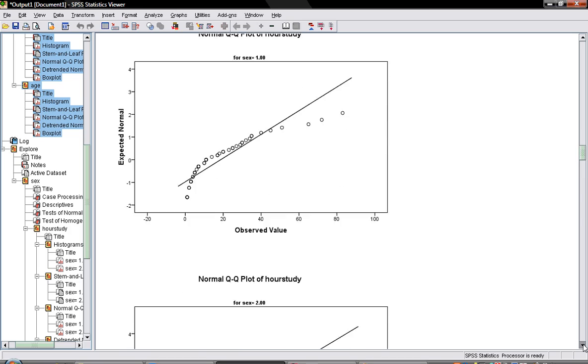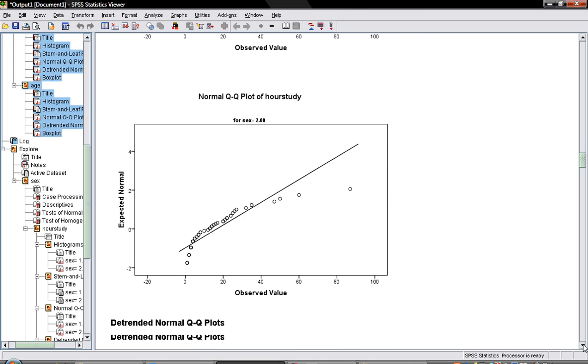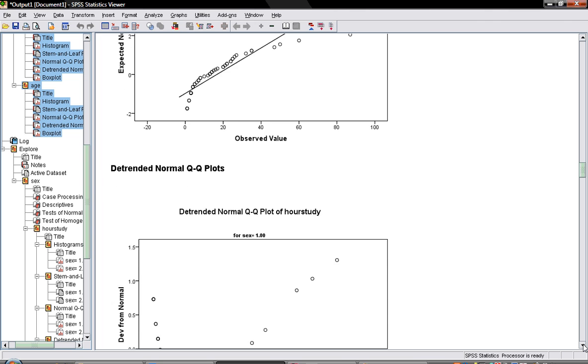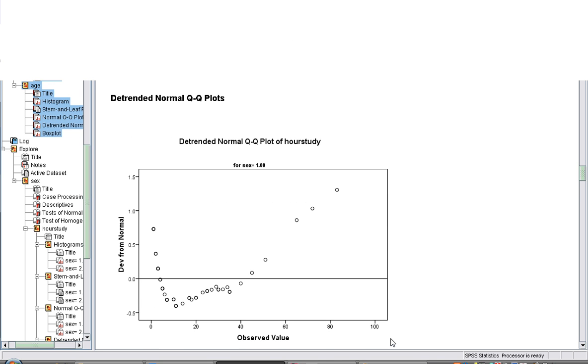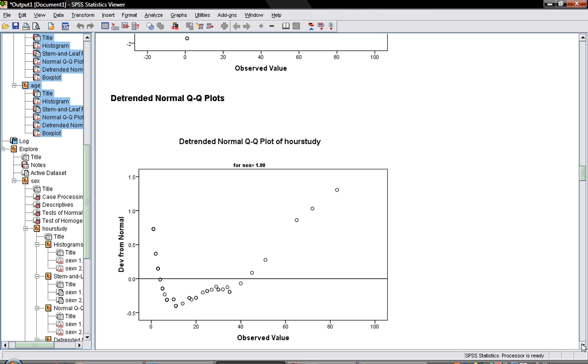For the Q-Q plot, again for female, and for the detrended normal one, there is a pattern, there is clustering of the data in one part, so it is not normally distributed. We are looking for distribution of the data evenly all over, but here it is clustered in this area, so it is not normally distributed.